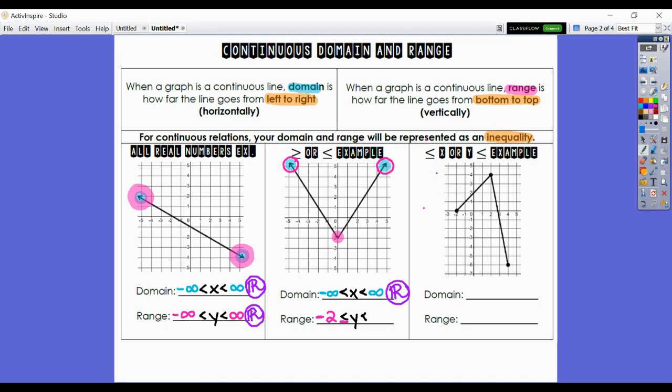But for range sake, I'm worried about bottom to top, down to up. So since it's going up forever, it's going till positive infinity. At this time, because I do not have the same number with number, negative infinity with infinity, I have to circle the y with the number side as my final answer. You can rewrite it if you so want to, but circling that portion is fine as well.